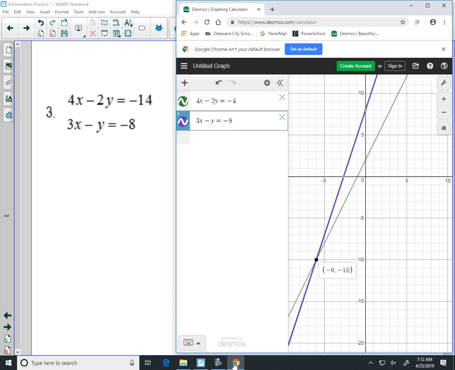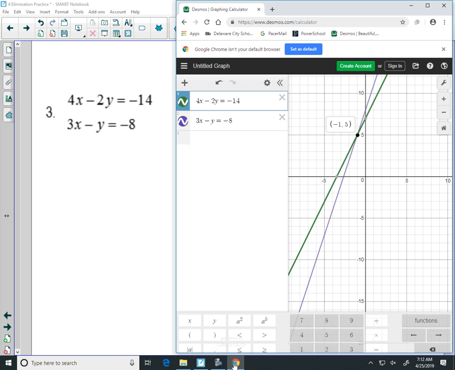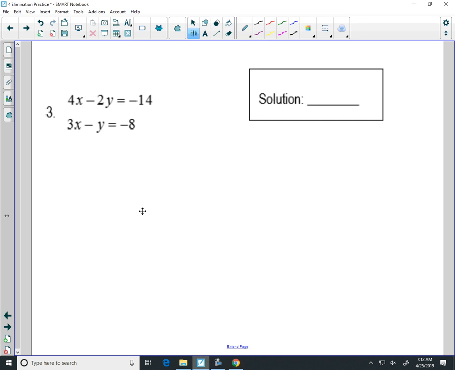And my answer that I'm shooting for is negative 6, negative 10, as long as I have every... ooh, no, it's not. Gotta check our entry there. So I had negative 4 instead of 14. 4x, negative 2y, negative 14. 3x, negative y, negative 8. So the answer we're shooting for now is negative 1, 5. And we will do the algebra to support.